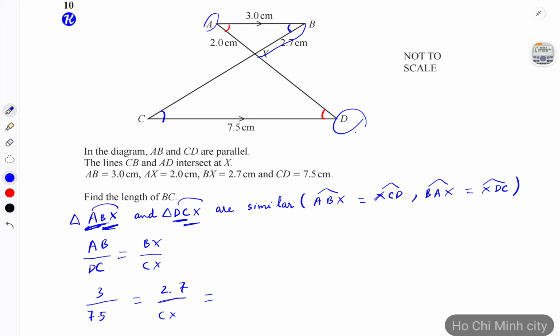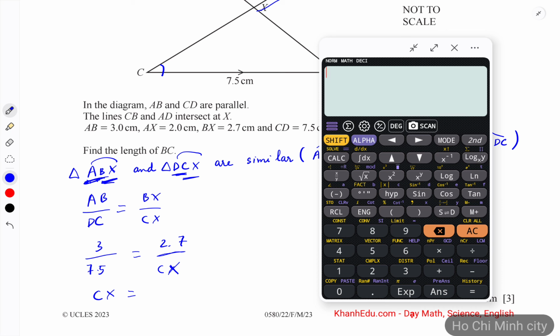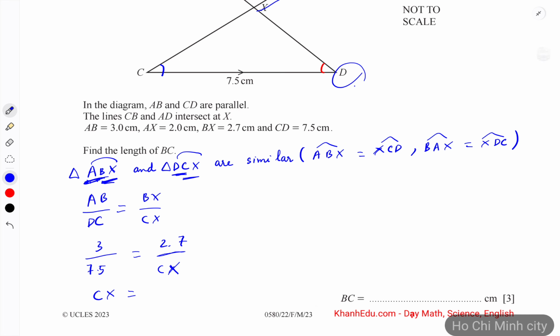So we will cross the last one out, and then it's time to solve for CX. So CX is 7.5 times 2.7 divided by 3, which is 6.75.